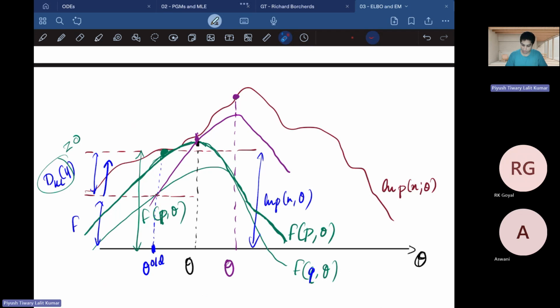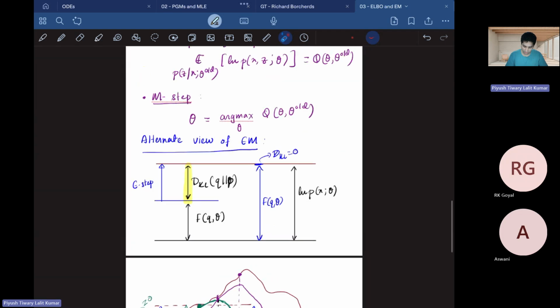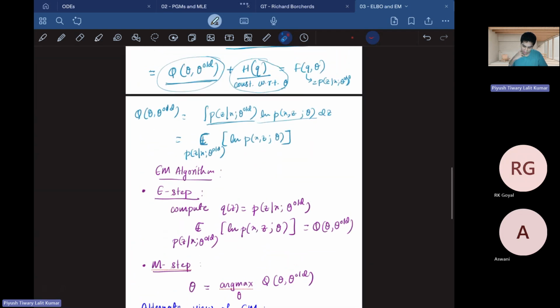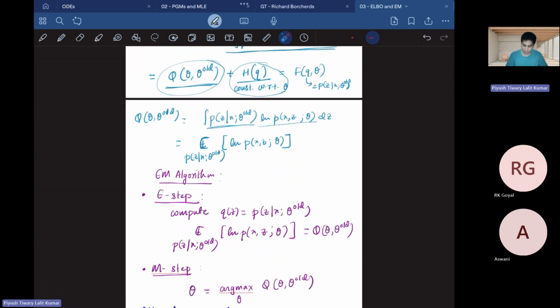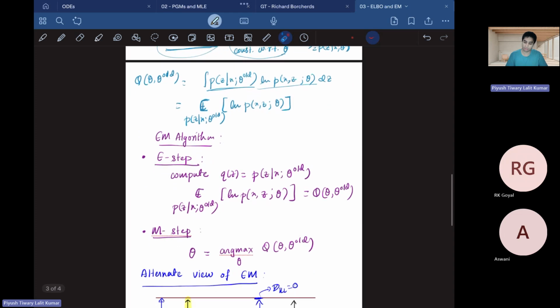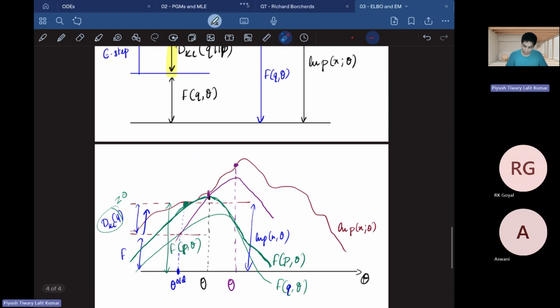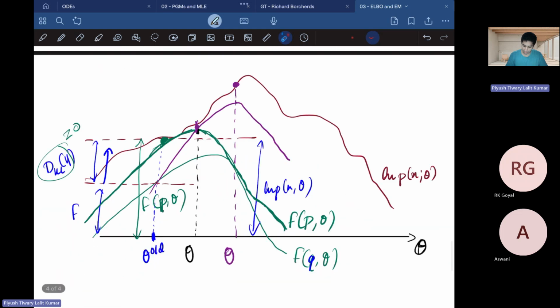At least for me, this is the most intuitive explanation of EM algorithm, because in equations you cannot see what it is that is happening. Maybe after you do this a lot, you will start seeing those things in the equation itself. But I think to start with, this kind of diagram should help you to understand what it is. Yes. So through this diagram, the entire concept is very much clear.